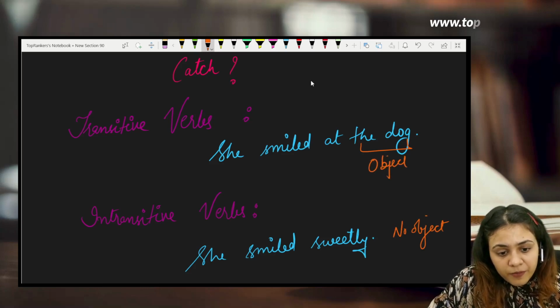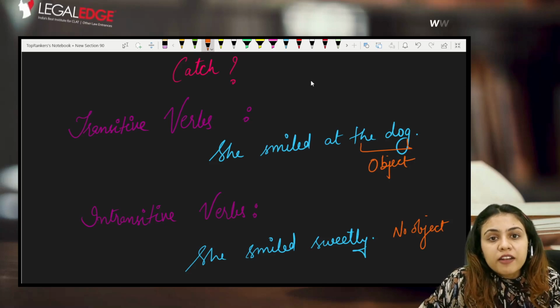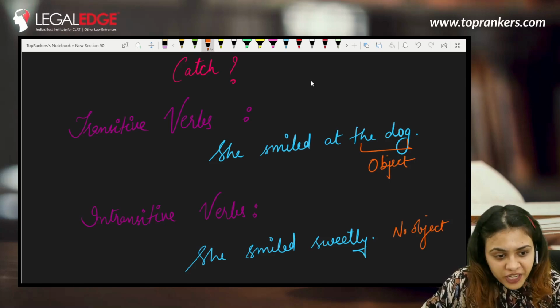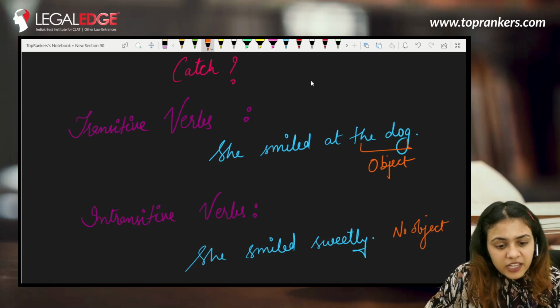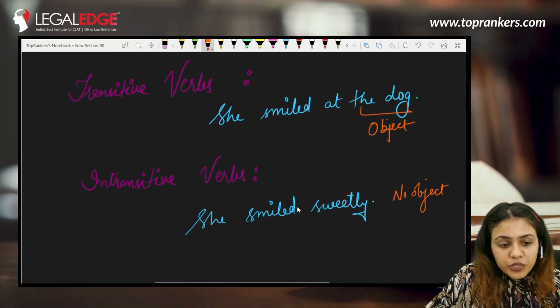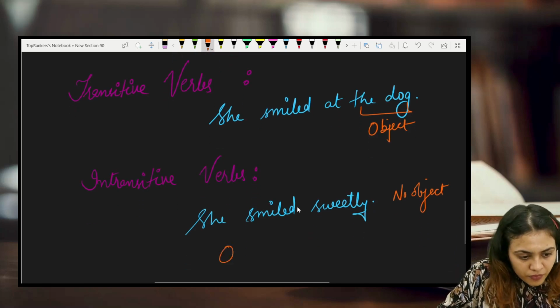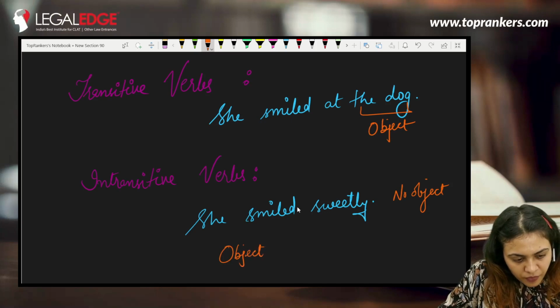Always remember, in transitive verbs, there will always be an object. For example, Ram killed Ravan. So we know Ram killed whom? Okay? Ravan. Ravan is the object. Now one more thing, objects are of two types. One is direct object.